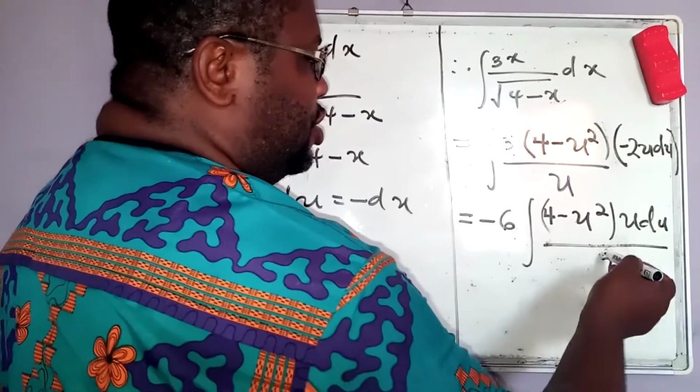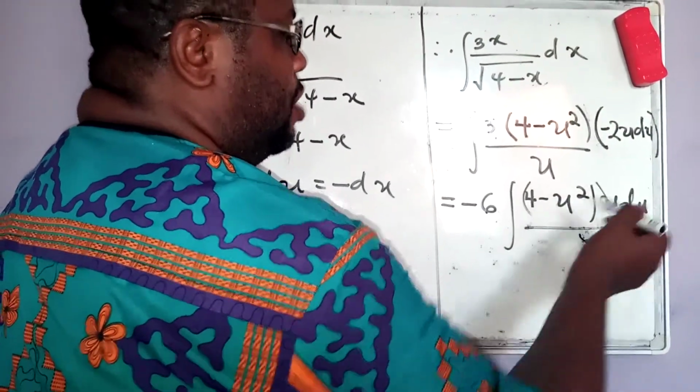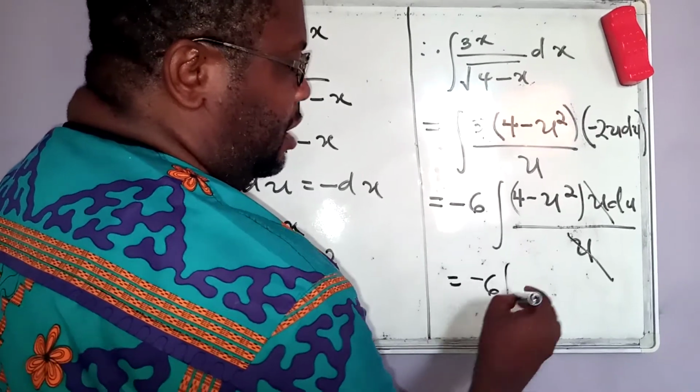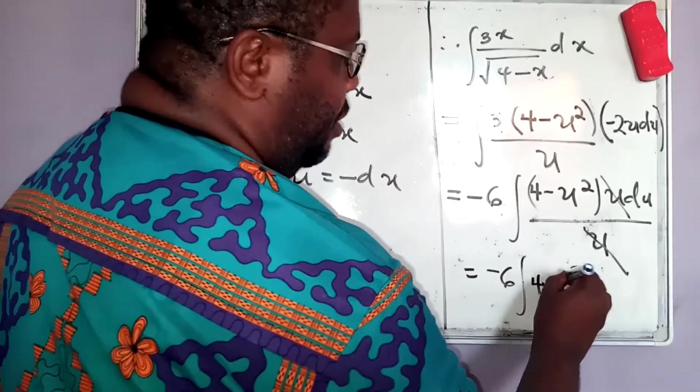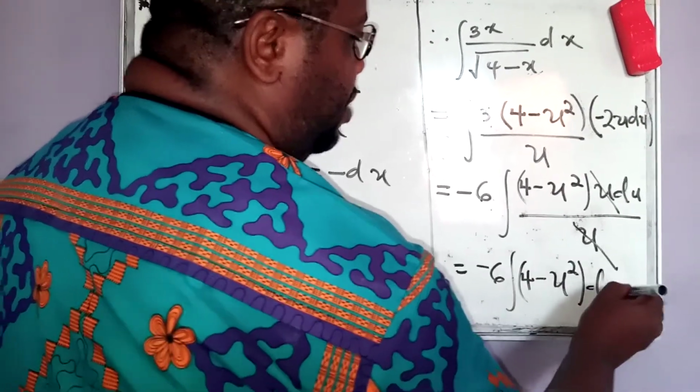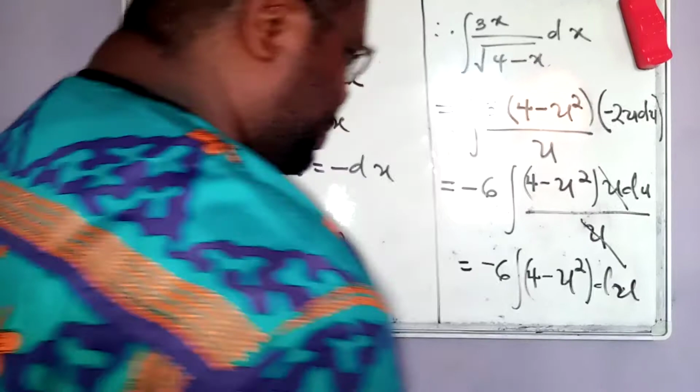Now notice that this u cancels this u. So what is now left simply becomes minus 6 integral of 4 minus u squared, and all of this is with respect to u. Beautiful.